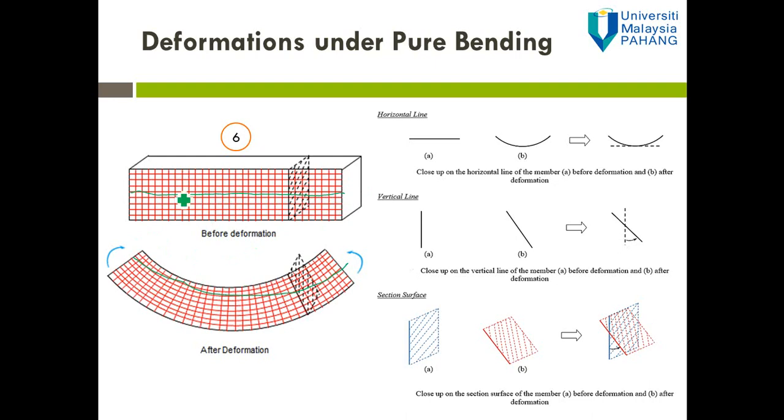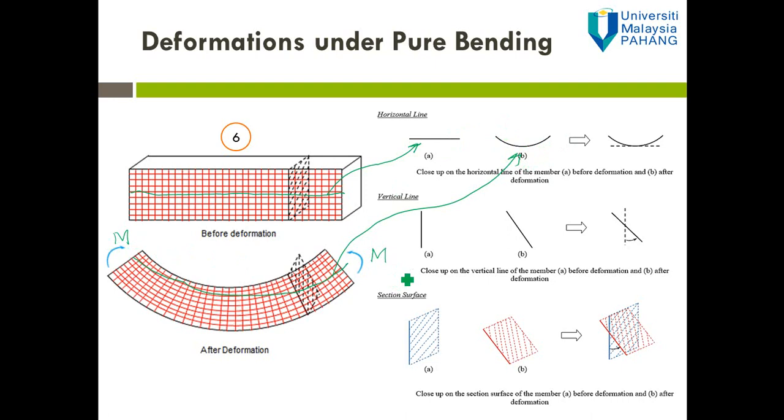So we can see here that the line before deformation will bend nicely to form a circular arc after being subjected to bending moment M.